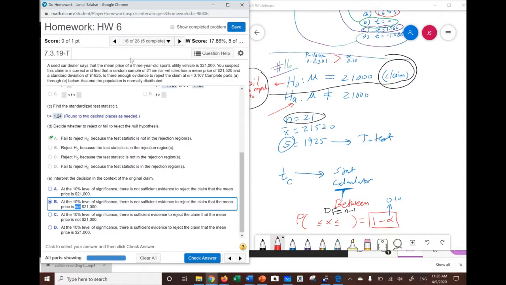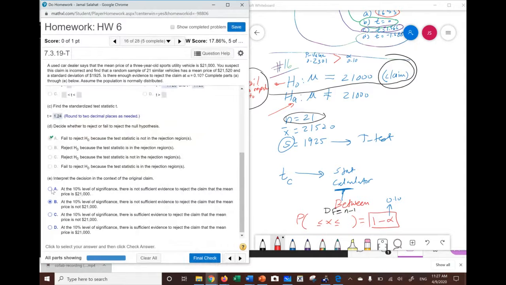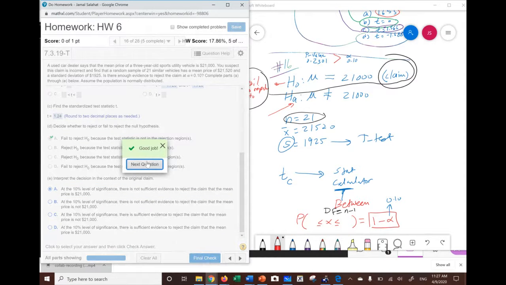It didn't say is not. Look at the problem. The claim is saying is here. So when we check, I'm sorry, I said A and I checked B, sorry. When we check, we get the correct answer. I don't know why I said A and I left that check on B.